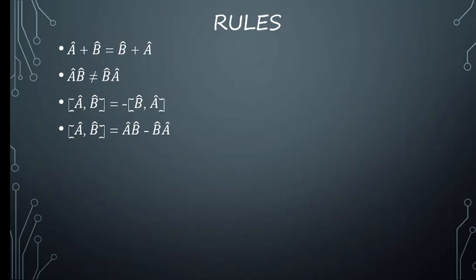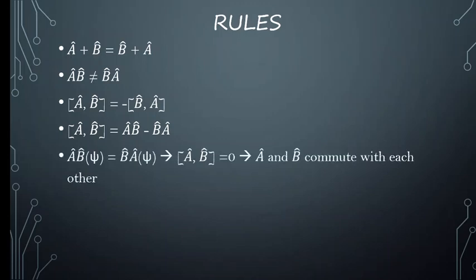Next, if A cap into B cap of Xi is equal to B cap into A cap of Xi, then if you rearrange it, it is A cap B cap minus B cap A cap of Xi equal to 0.